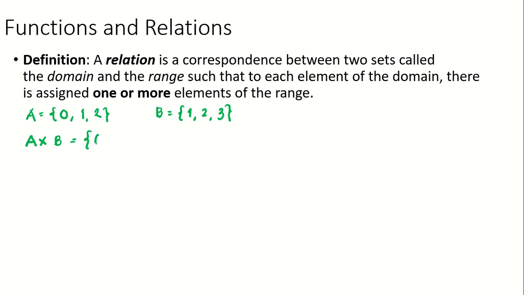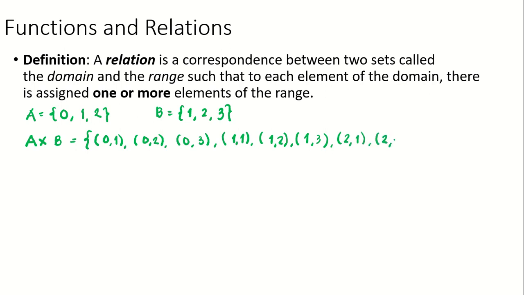So the elements are 0, 1; 0, 2; 0, 3; 1, 1; 1, 2; 1, 3; 2, 1; 2, 2; and 2, 3. That's our Cartesian product.